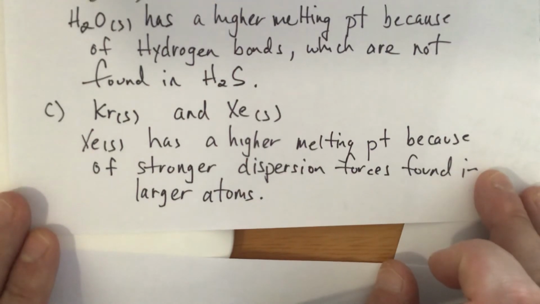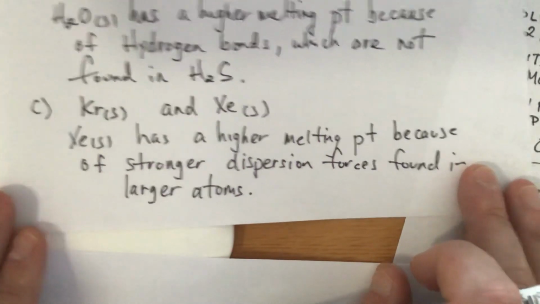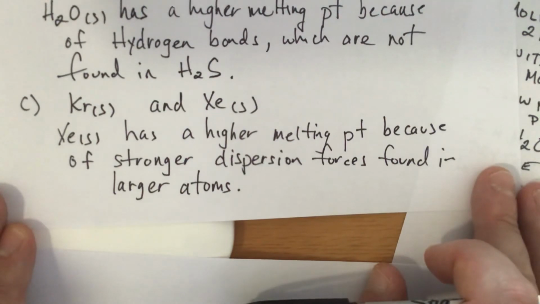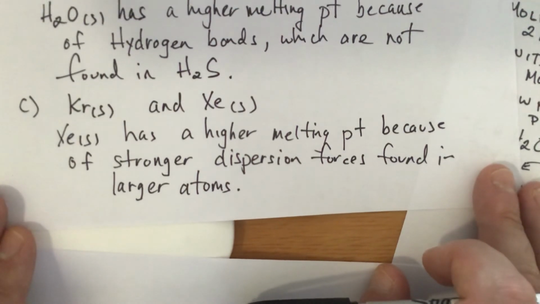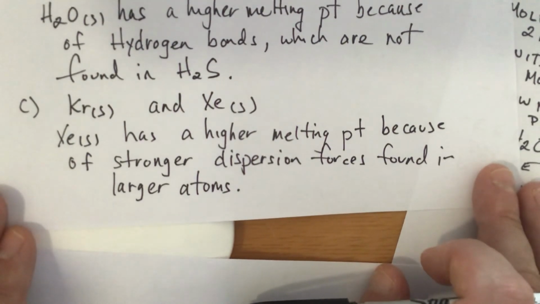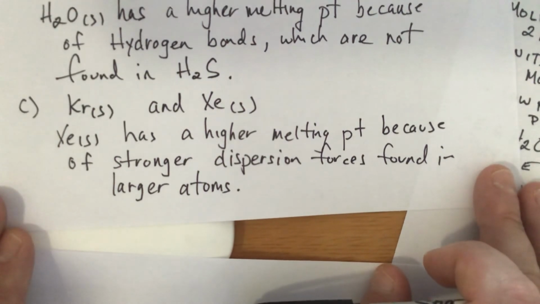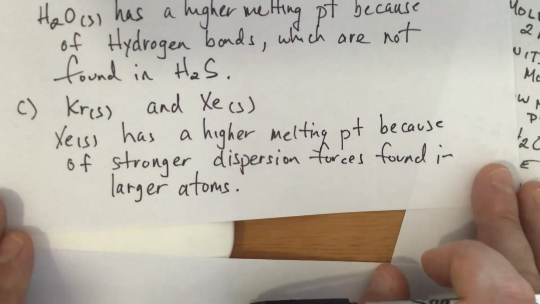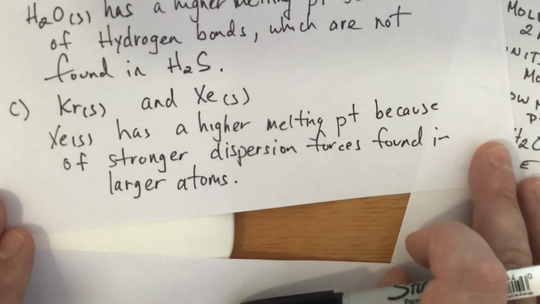Xenon has a higher melting point because it has stronger dispersion forces, which are found in larger atoms. Why do larger atoms have stronger dispersion forces? Because they have more electrons. More electrons means more random movement, more possibility that they can clump together, creating an instantaneous dipole.